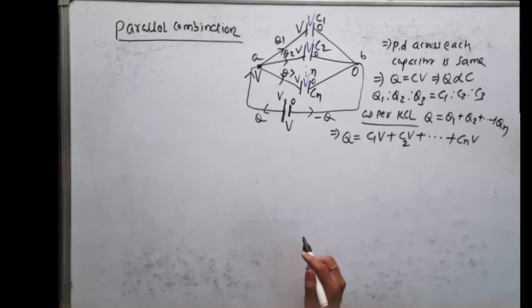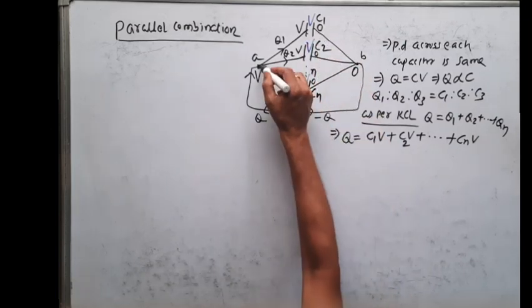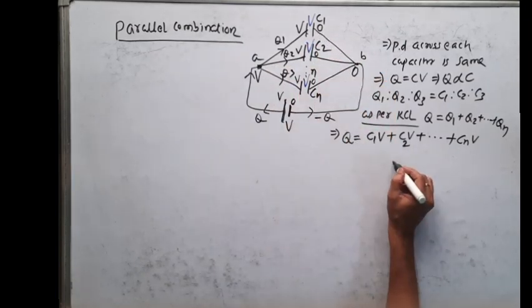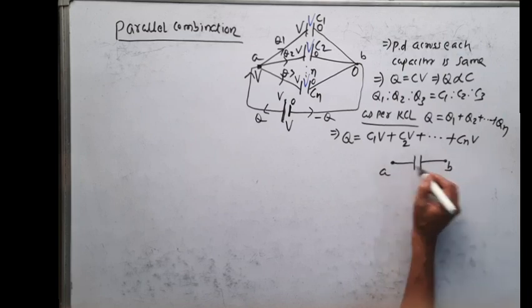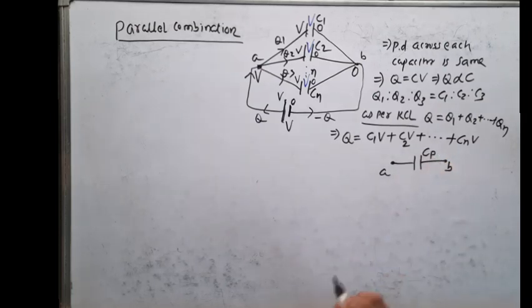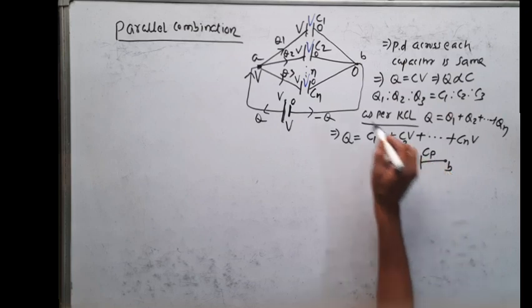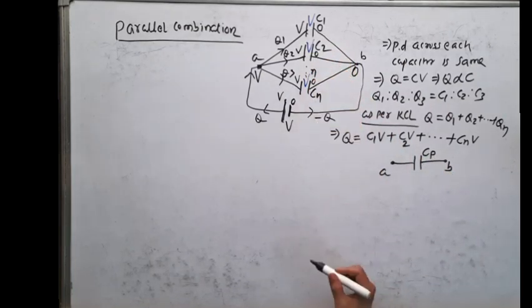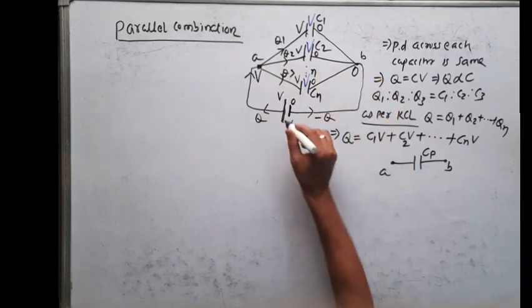So this is the total charge. But what is equivalent capacitance? Instead of n number of capacitors connected across A and B, if I connect a single capacitor across the same terminals A and B, let that capacitance value be Cp. So this Cp is the equivalent capacitance of all the capacitors connected in parallel. Now you see, this A and B is connected to this source.